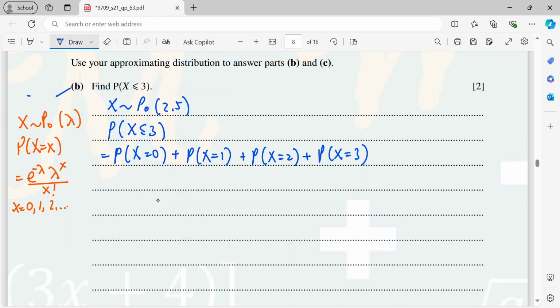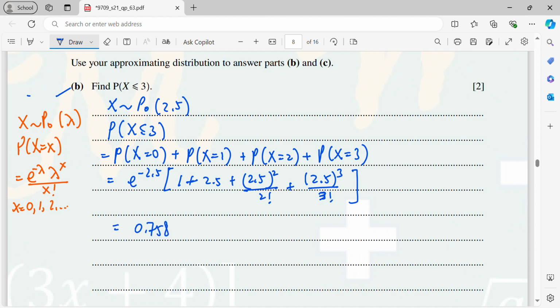So this is e to the minus 2.5 times (1 plus 2.5 plus 2.5 squared over 2 factorial plus 2.5 cubed over 3 factorial). Then here you will be getting 0.758. So that's the part B solution.